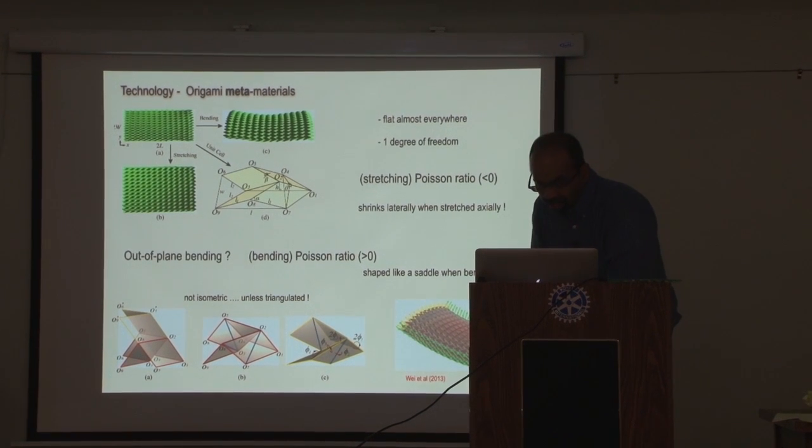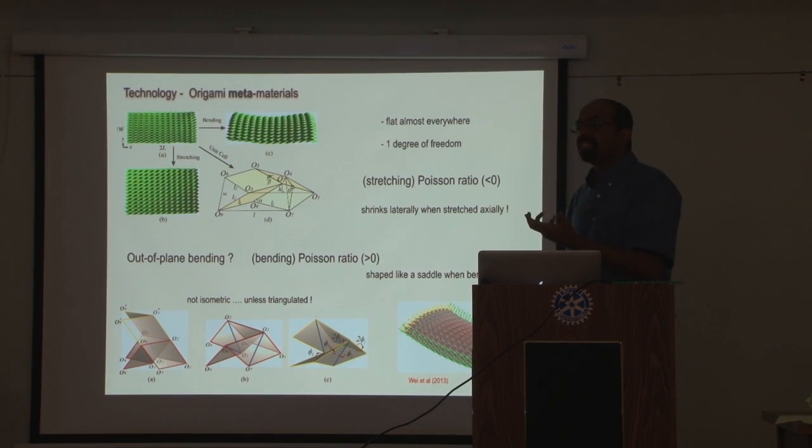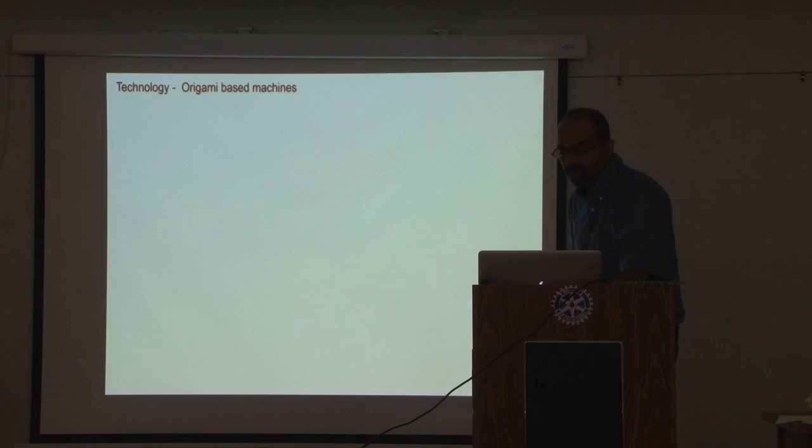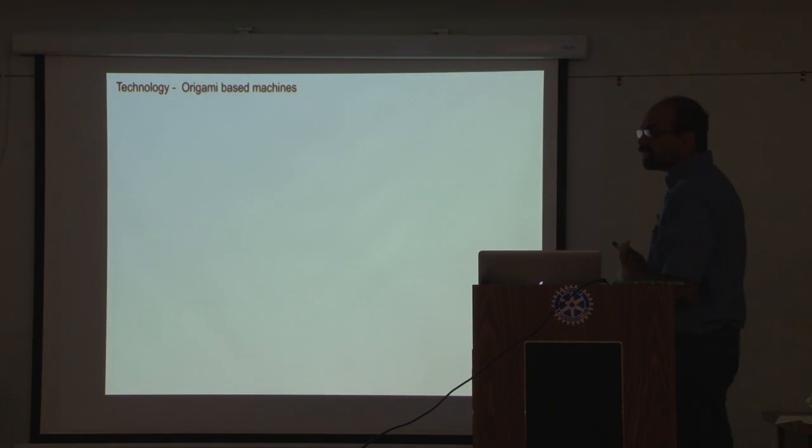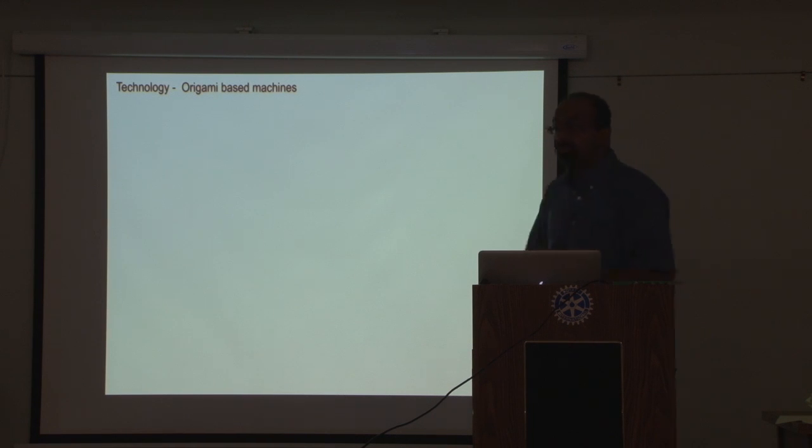All right, so that means you can take these folded materials and create metamaterials which have properties that go beyond what the basic piece of paper originally had, just by virtue of its geometry. And what people have been doing is using this as a basis for creating machines.